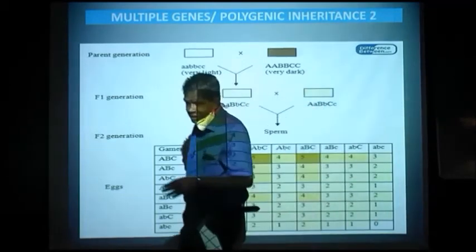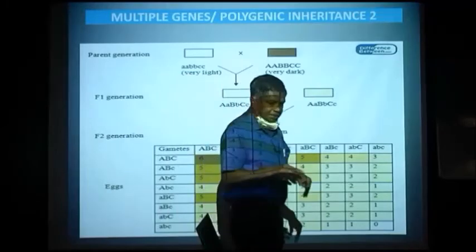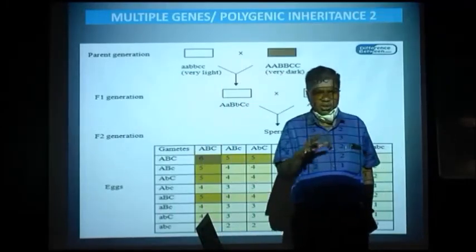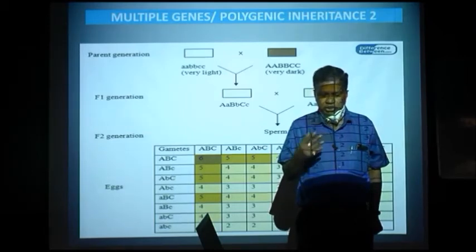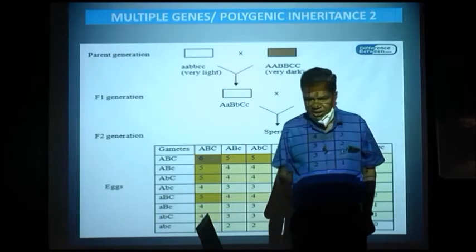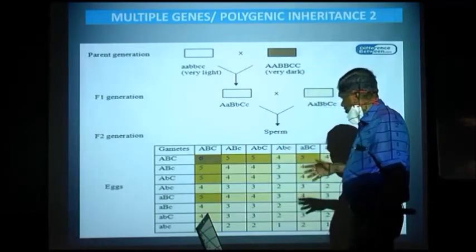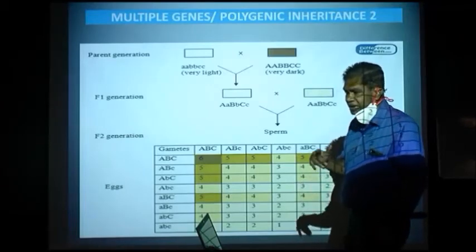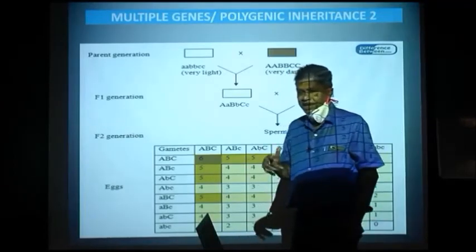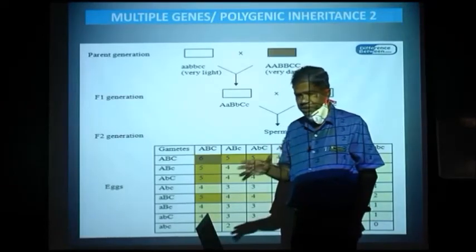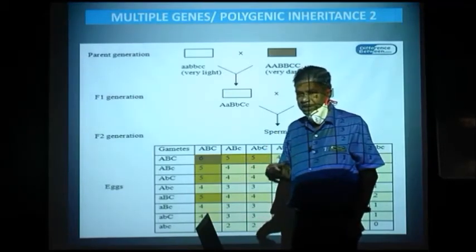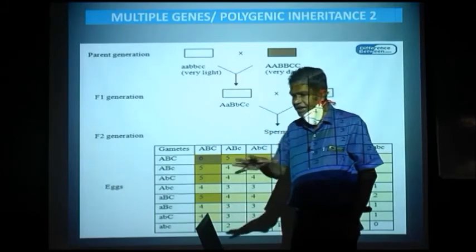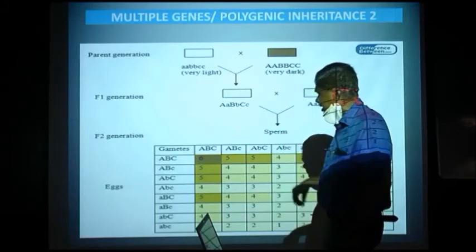So, whatever it is, you get capital A, you get total dark, capital B, you get total dark, capital A, capital B, capital C, you get total dark. Like this, different combinations are there. Actually, capital A and capital B alone are not applicable here because there are many genes. A, B and C, all 3 must be present.